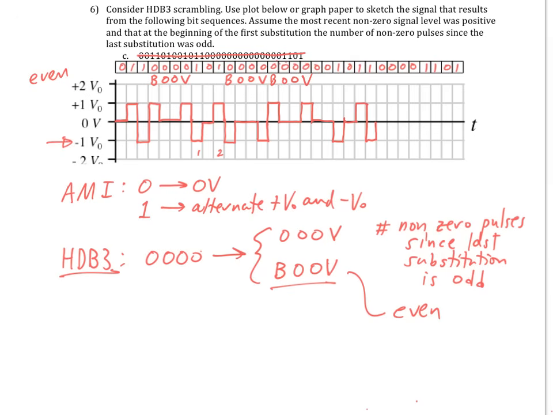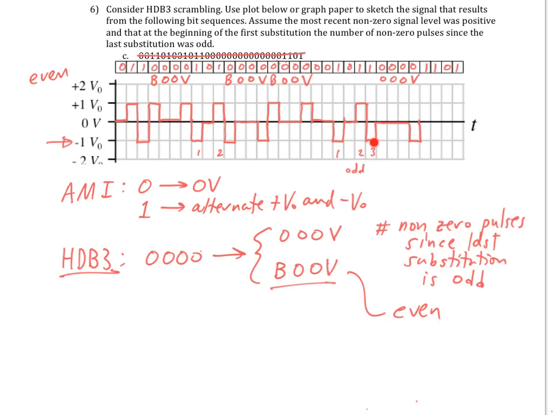And let's count how many non-zero pulses since the last one. 1, 2, 3. Aha, now we have an odd. So since the last one, we have 1, 2, 3, which is odd. And so we're going to use the 000V substitution, and we're going to get this, and then the violation looks like this.